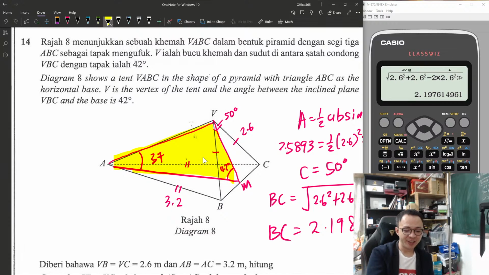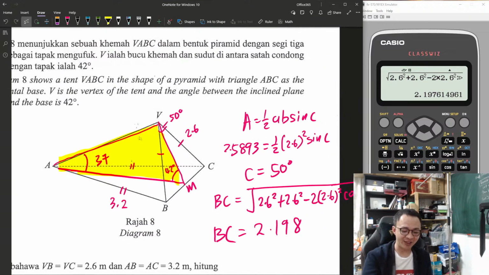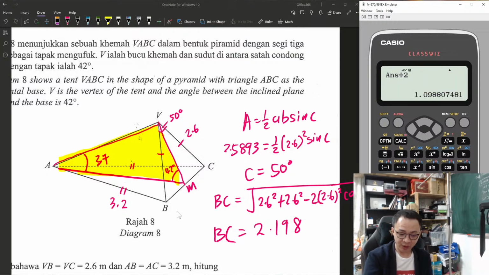But we have a small problem: we need some length here. We can find the length of VM, since we have BC as 2.198. So I can divide BC by 2, which gives 1.0999.